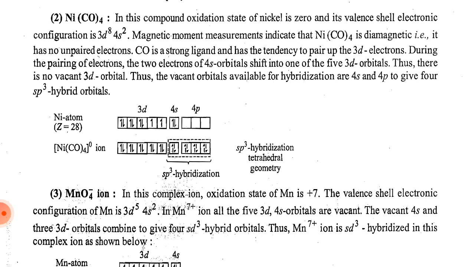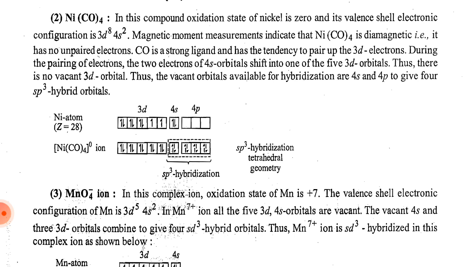Carbon monoxide is a strong ligand and has the tendency to pair up the 3d electrons. During the pairing of electrons, the 2 electrons of the 4s orbital shift into one of the 5 3d orbitals. Thus there is no vacant 3d orbital. Thus the vacant orbitals available for hybridization are 4s and 4p to give 4 sp3 hybrid orbitals.